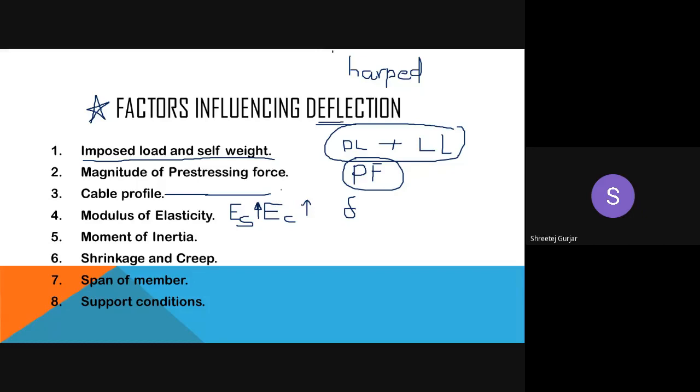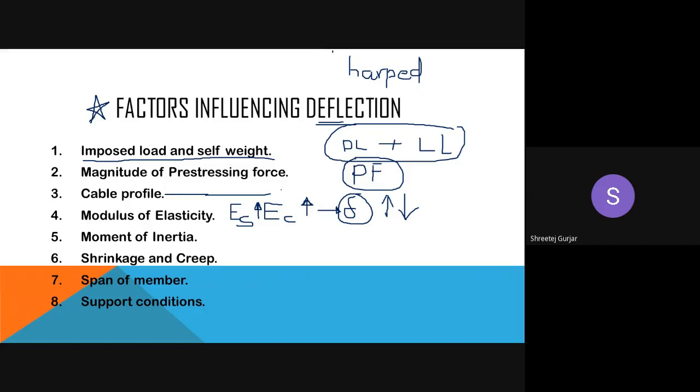How is your modulus of elasticity of steel related to deflection? Suppose your modulus of elasticity increases, whether your deflection will increase or decrease.